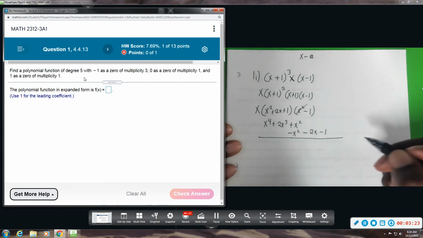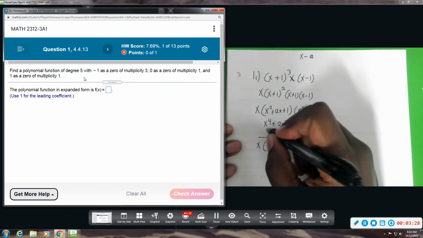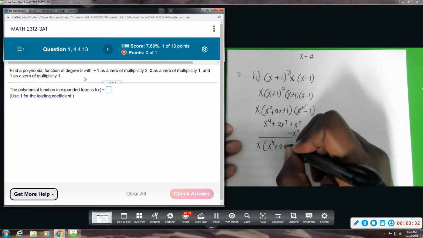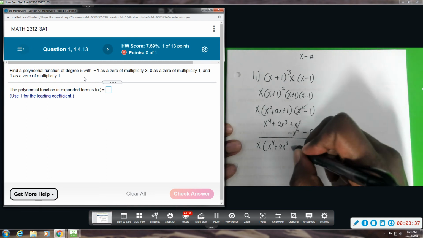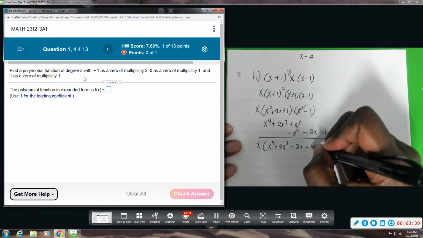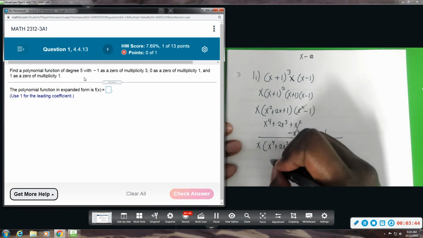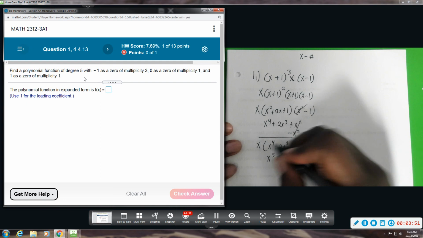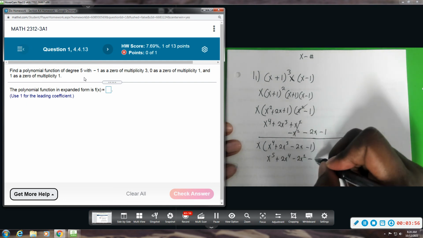All right, so we're going to combine these terms, bring them straight down, still keep my x out there, and then put this in parentheses: x to the 4th plus 2x to the 3rd, and then these terms cancel, and then minus 2x minus 1. All right, and lastly, we will distribute the x through. So we get x to the 5th plus 2x to the 4th minus 2x squared minus x.